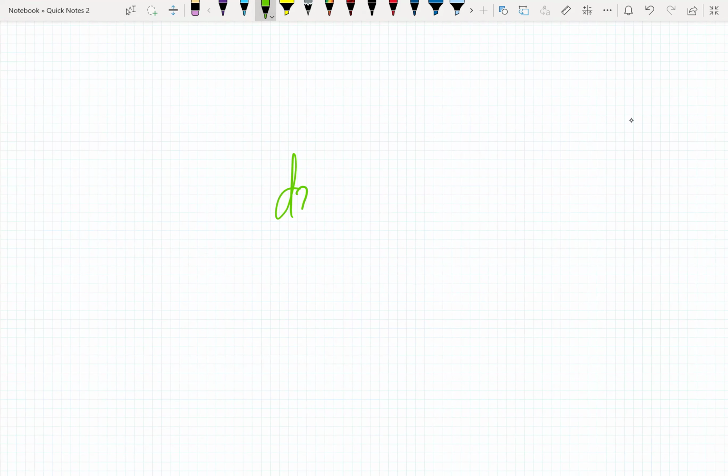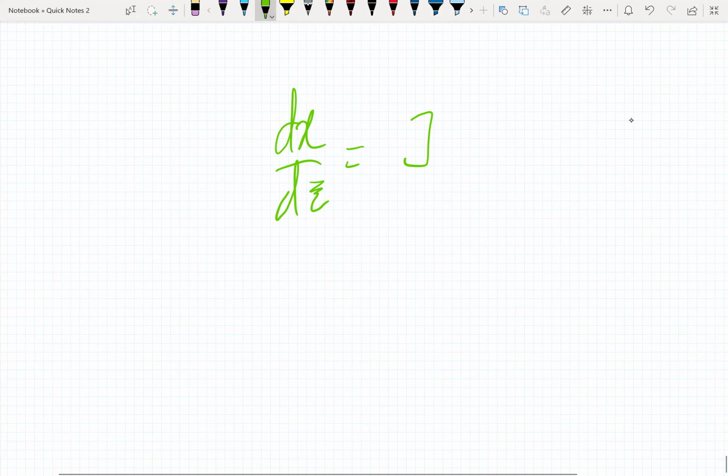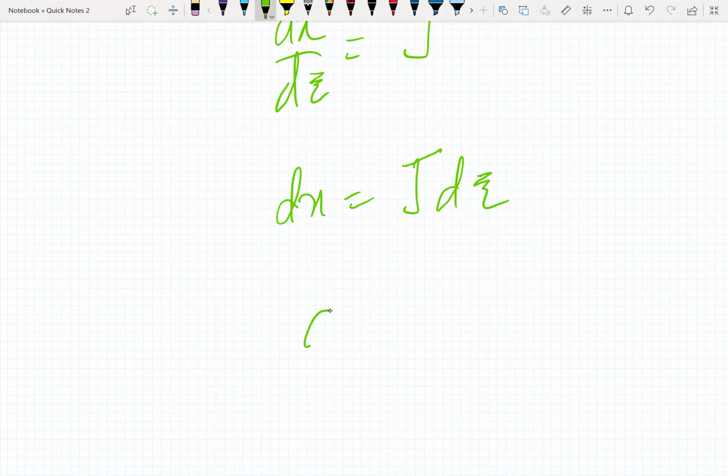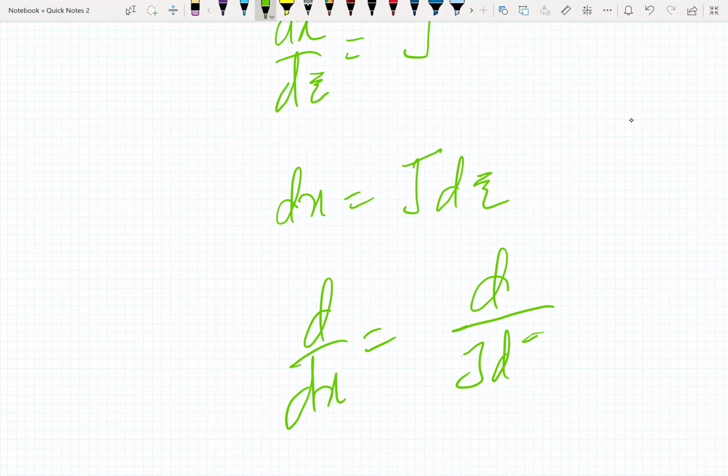So dx d psi is equal to j. That means dx is equal to j d psi. So if we need d dx here, we have d dx equals d over j d psi.